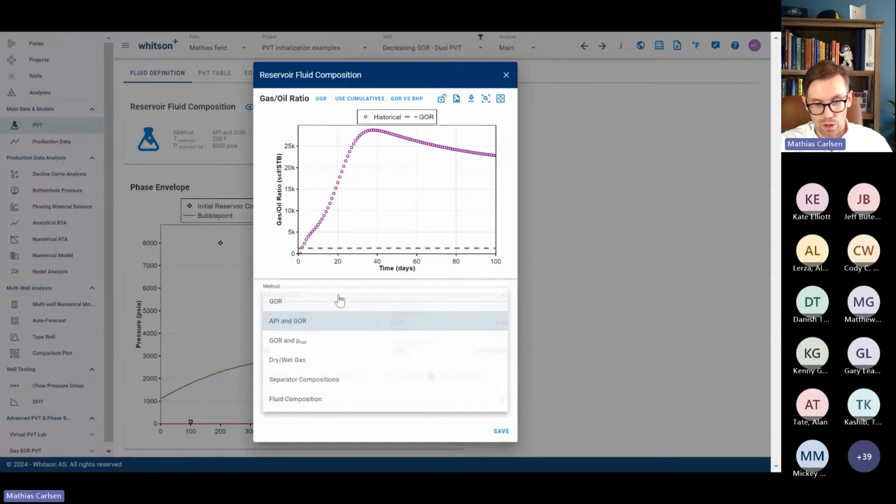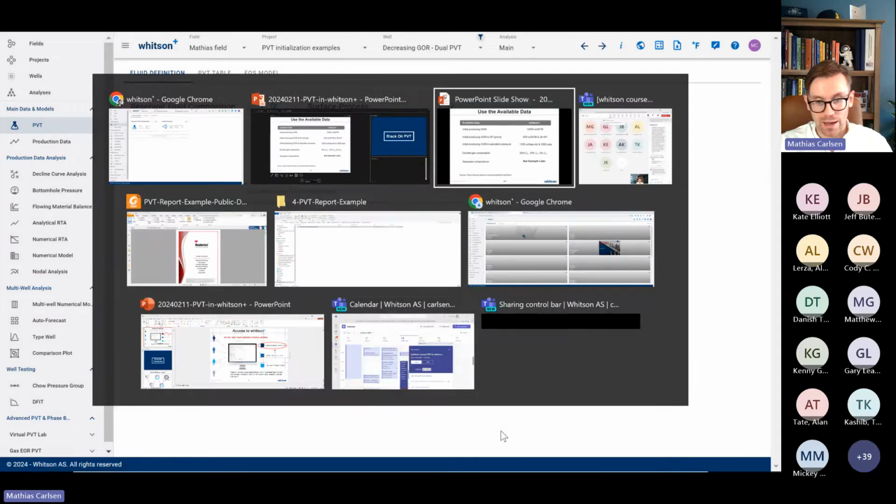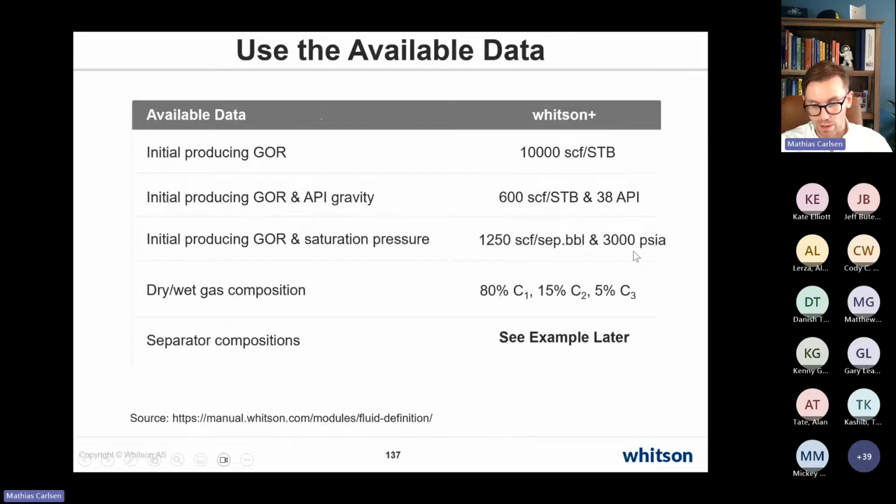And if I also want to use the GUR saturation pressure method, I'm saying, okay, I would like to use the separated GUR, and I would like to match a saturation pressure of 3,000. That's basically this guy right here.